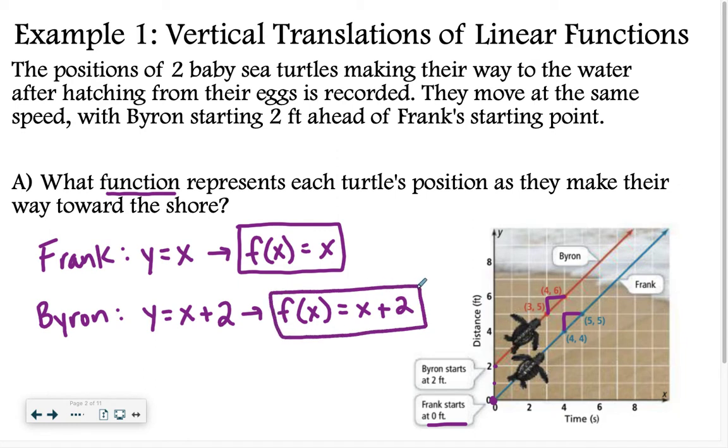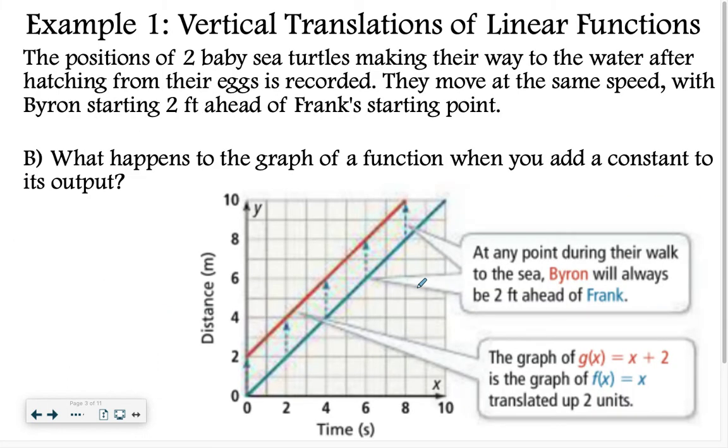Okay, so that's the first part of this problem, was just writing a function to represent each turtle's position as they make their way toward the shore. Now, if we take away the image from that graph and look at those two different lines, the blue line was Frank, and the red line was Byron.